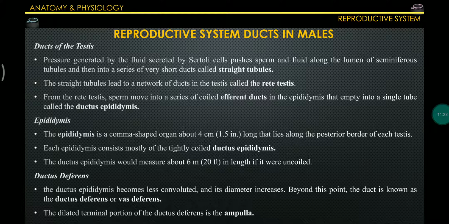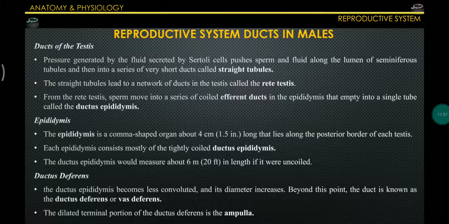Later it is called the ductus epididymis. The epididymis is the longest comma-shaped structure which lies along the posterior border of the testis, and it is nothing but a tightly coiled ductus epididymis.